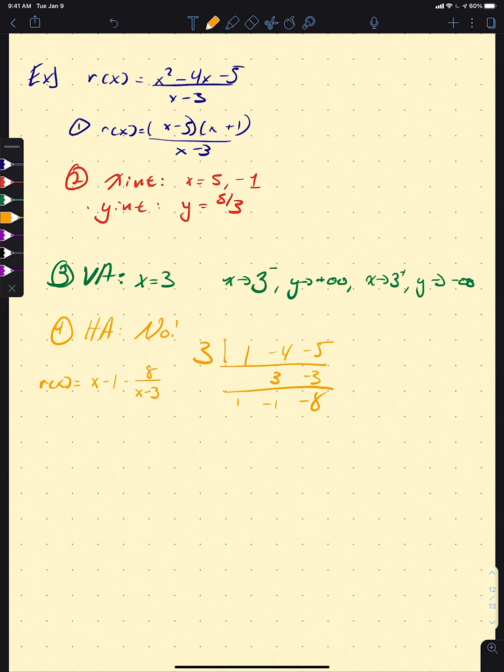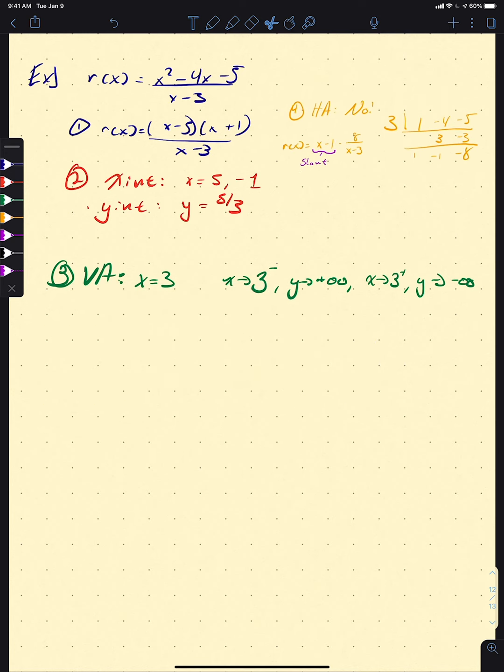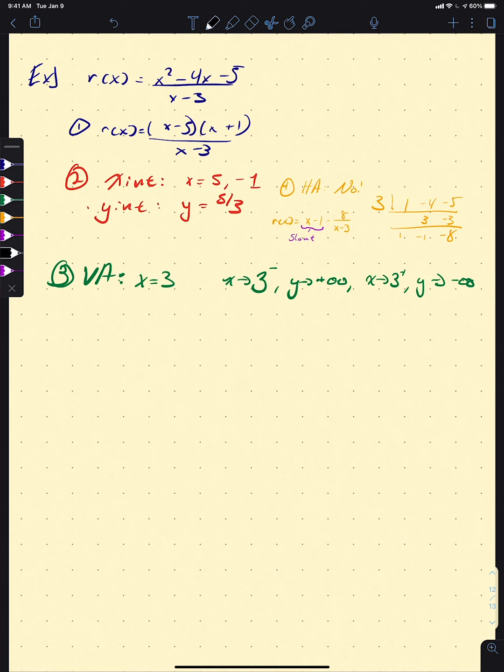Okay, and so what this means is that this is my slant asymptote. Okay, and we can use that to graph it. I'm going to give myself a bit more room here by moving this guy up there. And this is what's going to happen. Okay, throw down our axes.